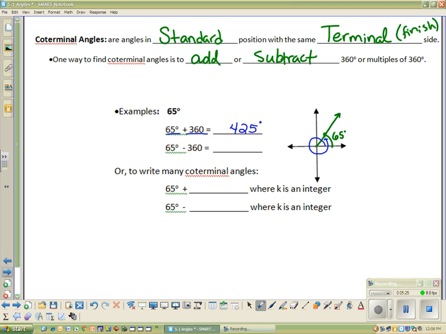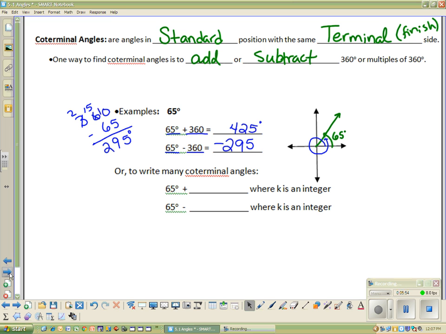Next, I could find an angle by subtracting 65 degrees minus 360 degrees. Let's just find what that difference is, and we know this answer is going to be negative. So borrowing, I would have 5 and a 2 and a 1, 295 degrees, but 65 degrees minus 360 will be a negative 295 degrees.